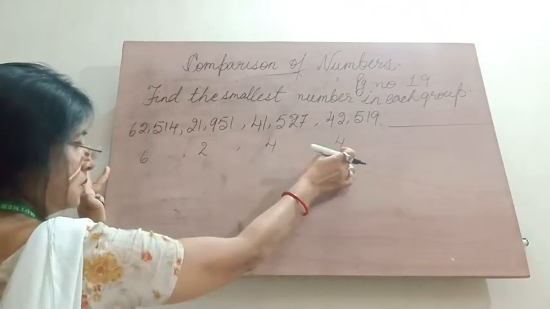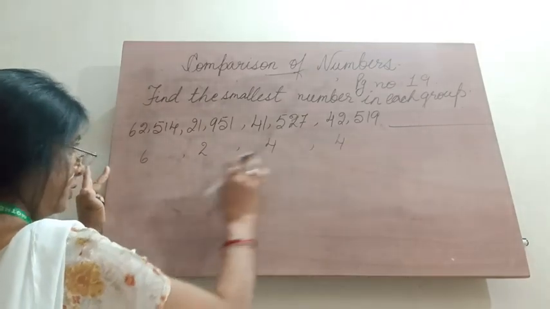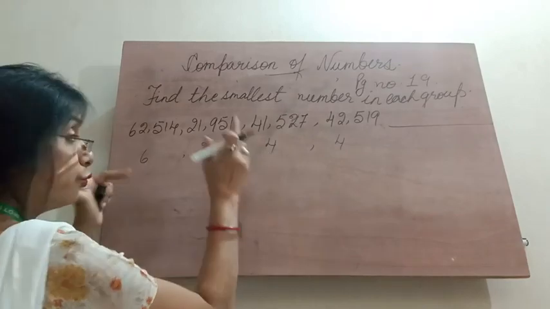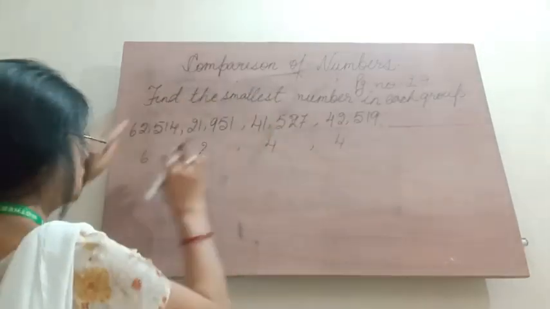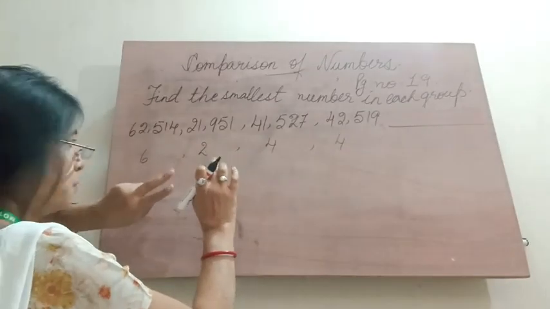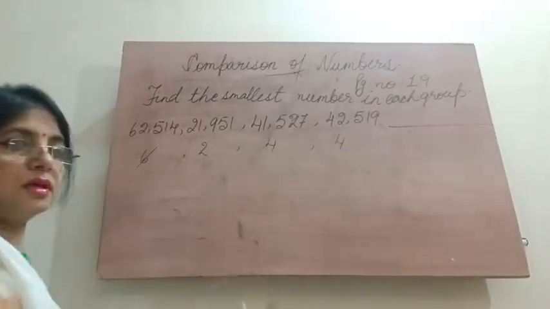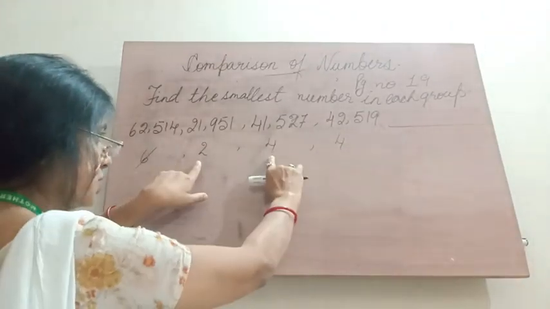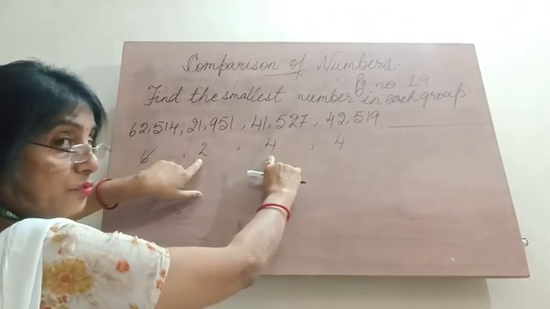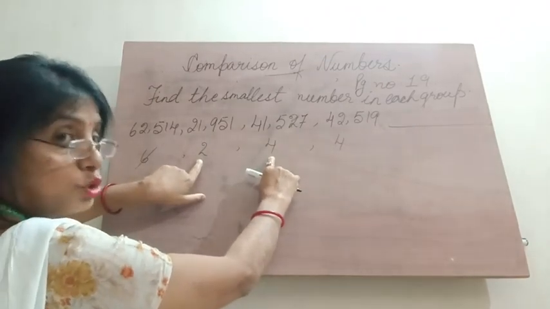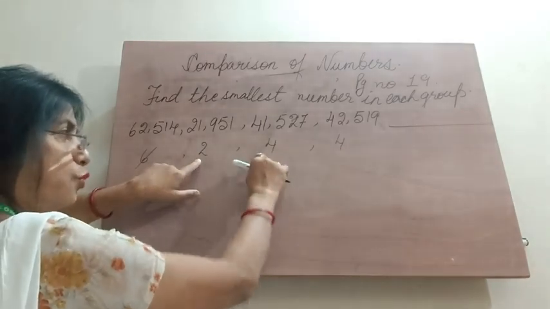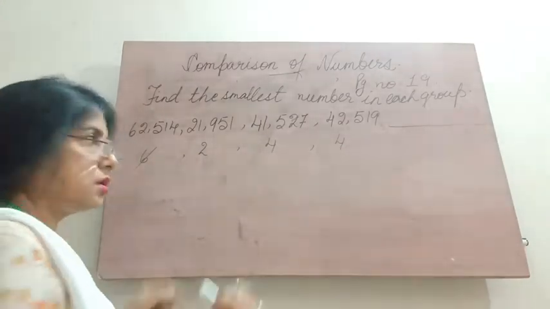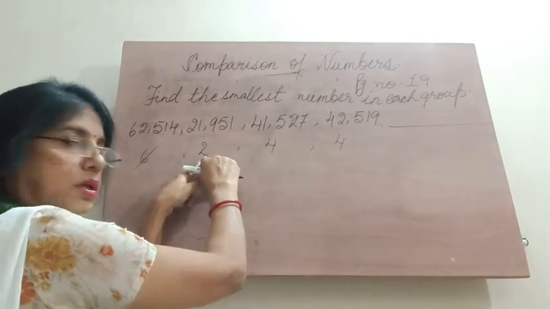Since this is the same number, leave it. Between 6 and 4, which number is greater? 6 is greater. We have to take out the smallest one, so leave this 6. Clear to you? Among these two digits, we have to now find out which one is the smallest. So between 2 and 4, which one is the smallest? 2 is the smallest. Clear to you?